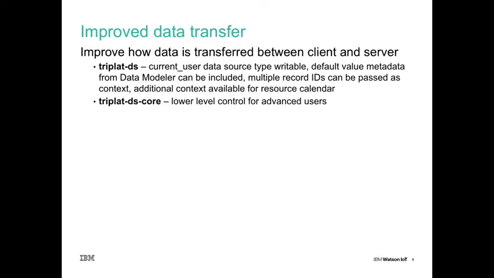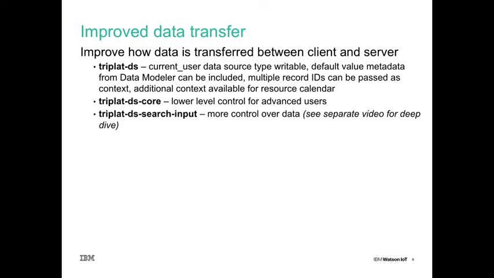We have a new component called TriPlat DS Core, which gives you a lower level of control for advanced users. And although it was included previously, I'll also include it here. TriPlat DS search input gives you more control over the data that you're gathering for searches, and you can see a separate video for a deep dive on that.